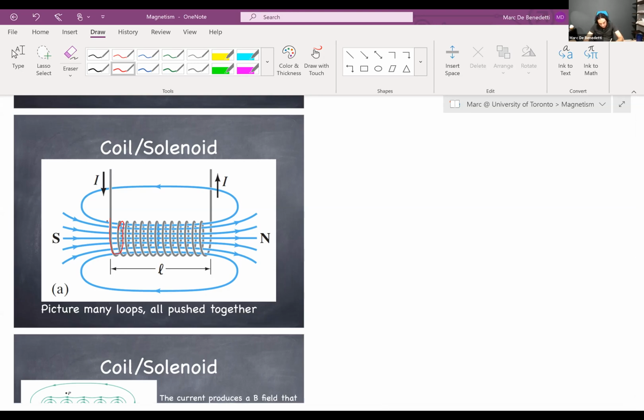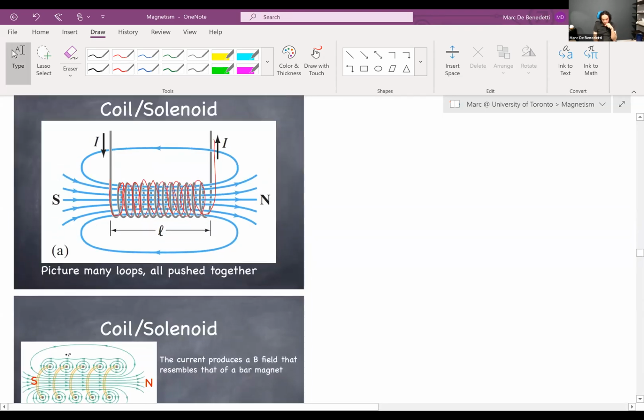And all a coil is when you have multiple loops that are sort of pushed together in close proximity. Kind of like a spring, but if you run a current through a spring, sort of. It doesn't have to be a spring. It could just literally be wires wrapped around, wrapped around, wrapped around.